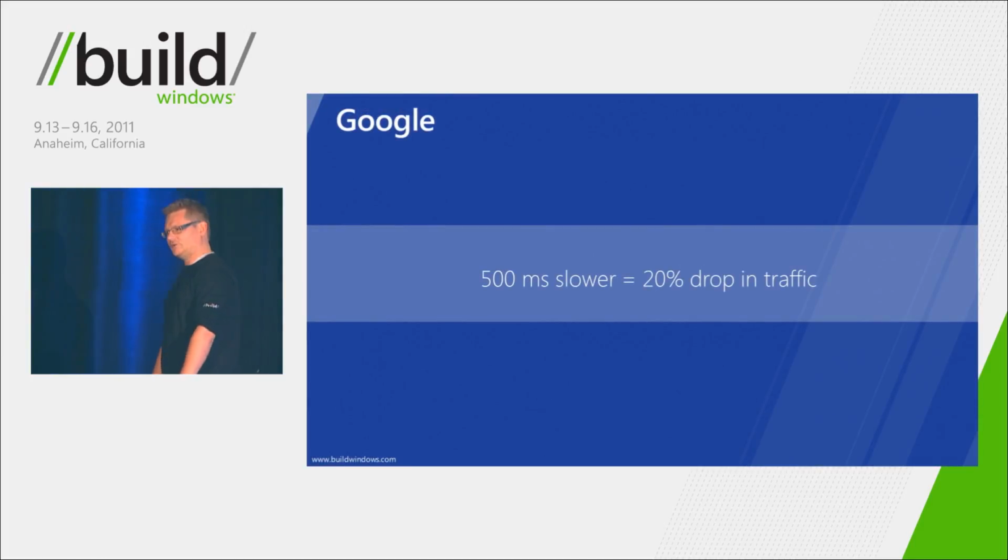If they slowed down their search page by 500 milliseconds, that's half a second, they would drop 20% in traffic. That's a lot. And 500 milliseconds, what is 500 milliseconds? You would think half a second, yeah, I can notice that, but it's not that important. Well, apparently it is, right? According to Google's test here.